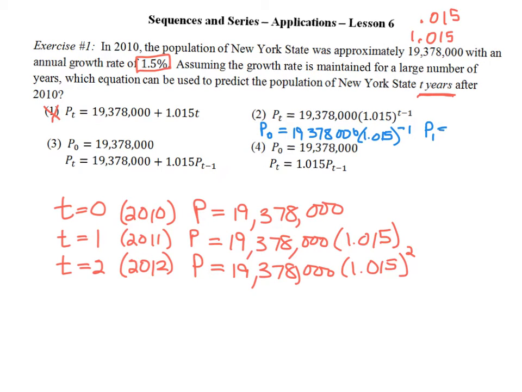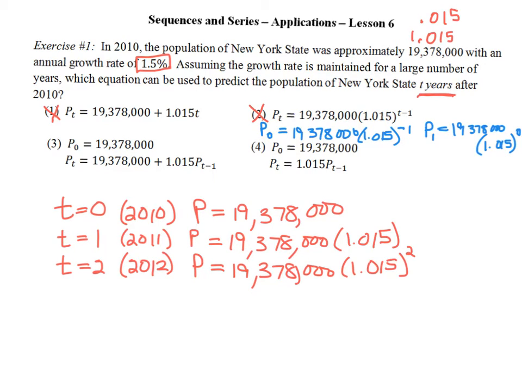When T is 1, I'm getting 19,378,000, but this time I'm multiplying by 1.015 to the 1 minus 1, which is 0. Well, anything to the 0 power gives me 1, so that brings me back to my original population. And I know, according to what I just figured out, that when T is 1, my population already has to be multiplied by 1.015. So this one, because of the subscripts, seems to be wrong.